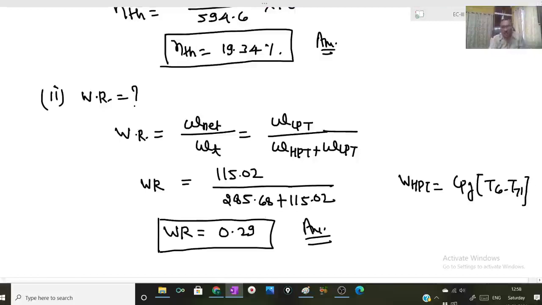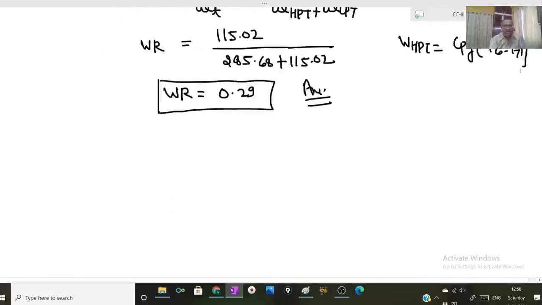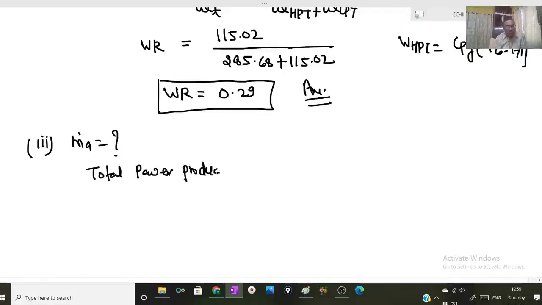Then the last parameter to be calculated is the mass flow rate of air. Now we have been given total power, W net or P, equal to 4500 kilowatt.